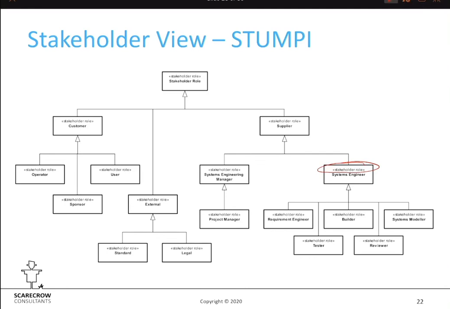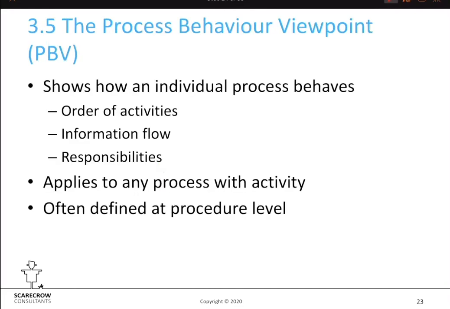The BPMN versus SysML question is over on the right hand side. That's purely the notation that you use. So BPMN is completely fine. Nothing wrong with using that, but I think you'd probably find you'd have to use some other notation for some of the other views, but that's perfectly fine.